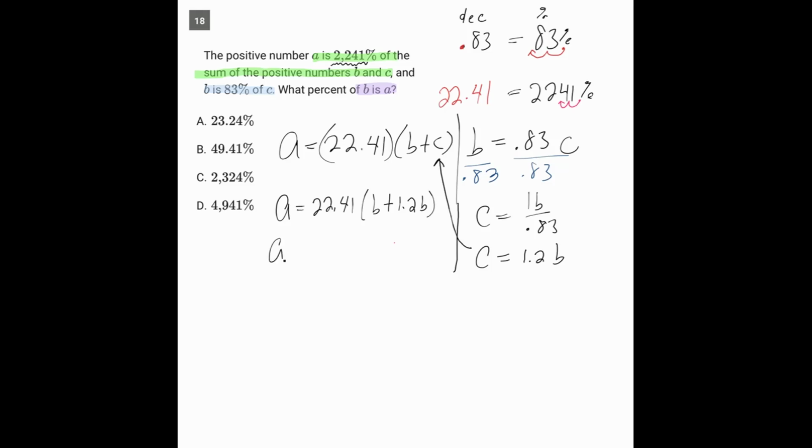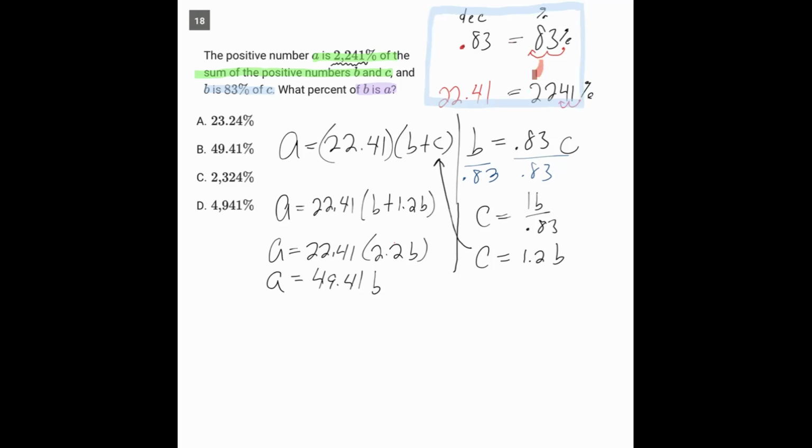And right now we've got A is 22.41 times 2.2B. Multiply the two numbers together, and you'll get 49.41B.